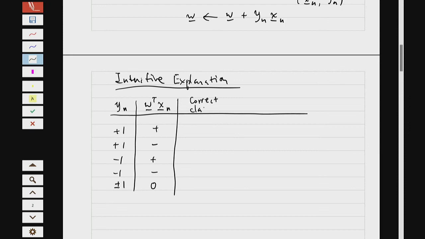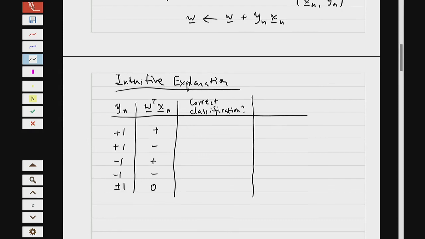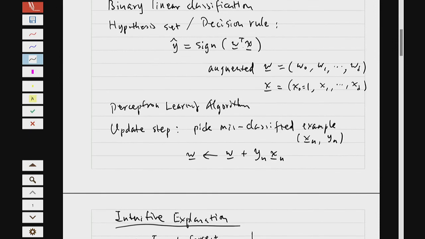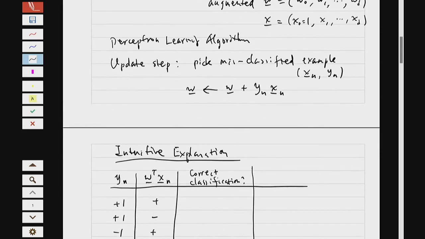For this particular point, do we have correct classification? This is this next column. If the true label is plus, and this product is also plus, that means our estimation, remember our estimation is the sign of this product, is also plus. Good match. We have correct classification.